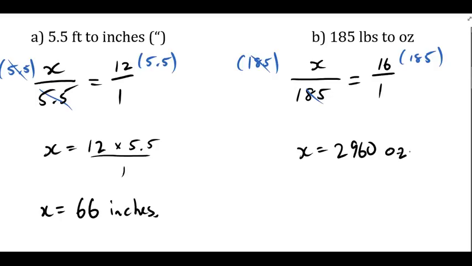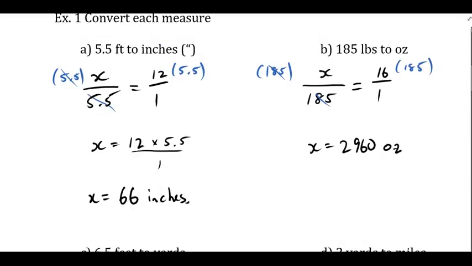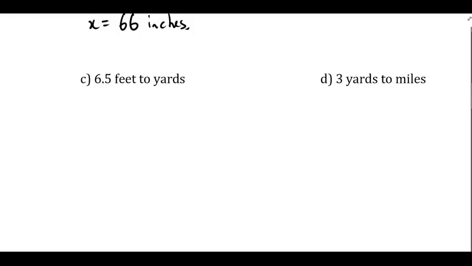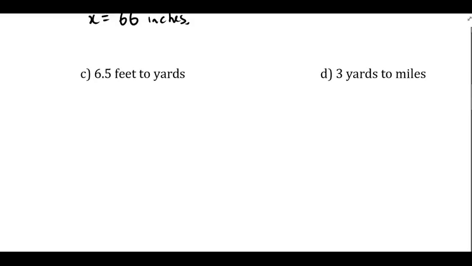So 185 pounds, that's like maybe the weight of an adult. And apparently they're about 3,000 ounces. Not something you would usually measure an adult's weight in. But any questions? Pretty straightforward, right? Let's try a couple more. So go ahead, see if you can try both of those all the way to the answer.